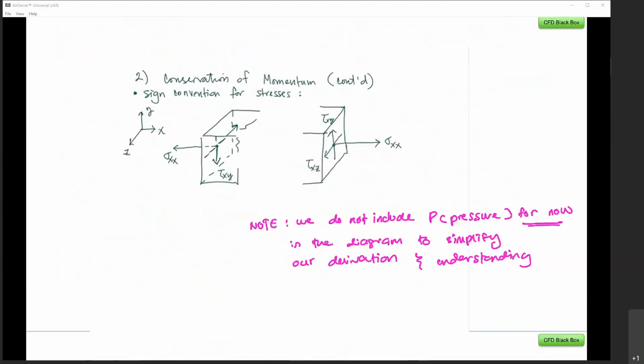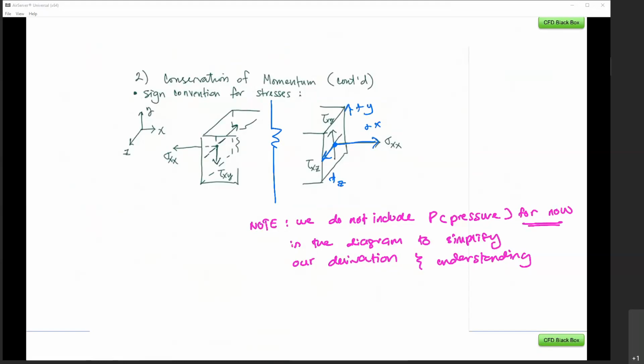Before we proceed, let's look at the sign convention. Assume that we cut the element into two. Looking at the right element, anything that goes to the right in x is positive, anything going towards the z direction is positive, and anything moving up is positive y.